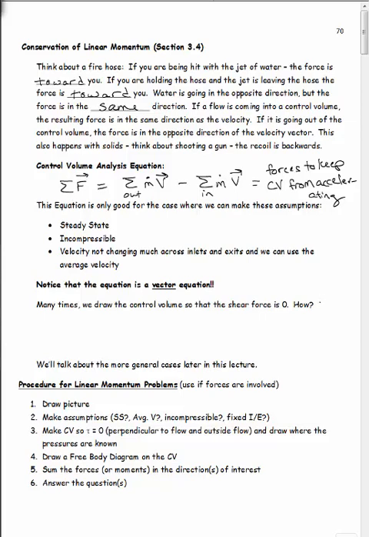Whenever we draw a control volume, one of the things we want to do is get rid of our shear forces. So we never want to draw our control volume inside a pipe. We want to draw it outside the pipe, and we want to draw our CV perpendicular to the flow at inlets and exits.